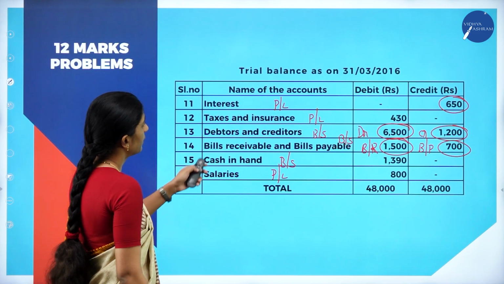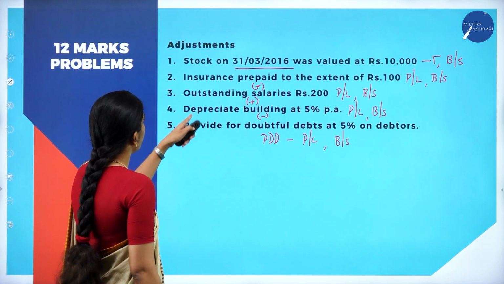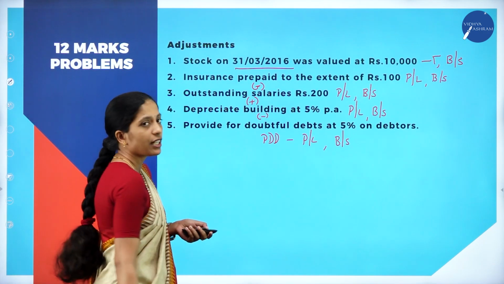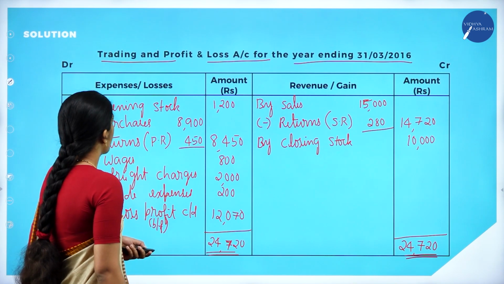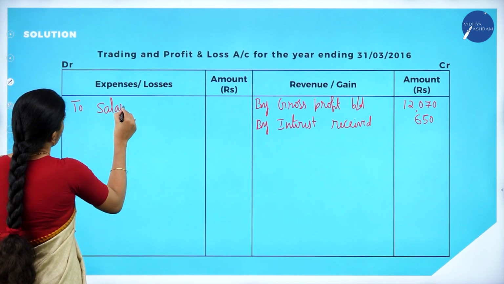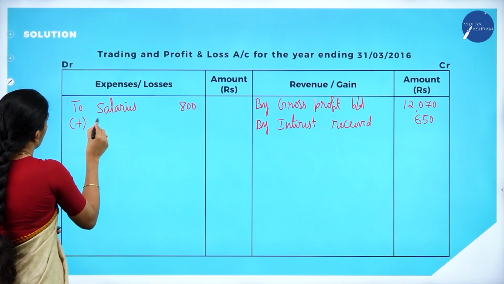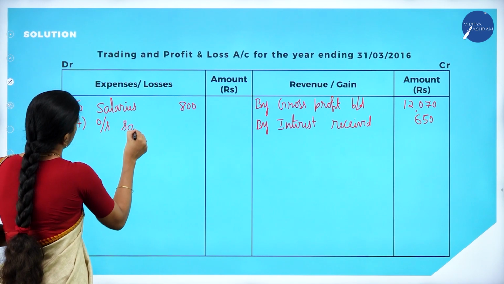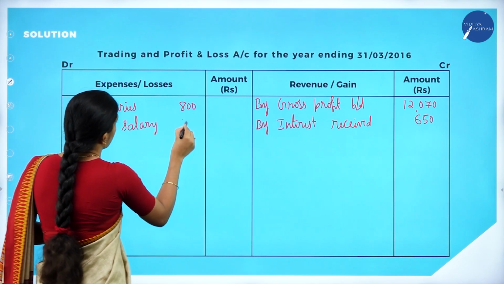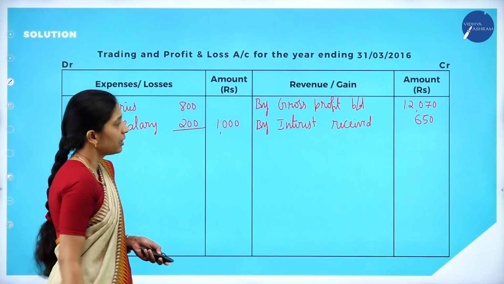Next, in the P&L account, salaries we have 800 and at the same time we have outstanding salary 200. So you have to add. So to salaries 800, add outstanding salary 200. So outer column 1000.